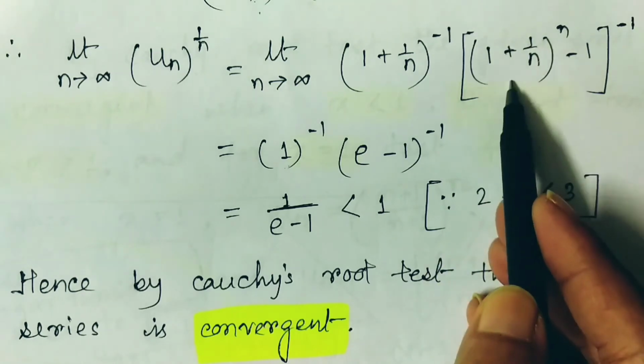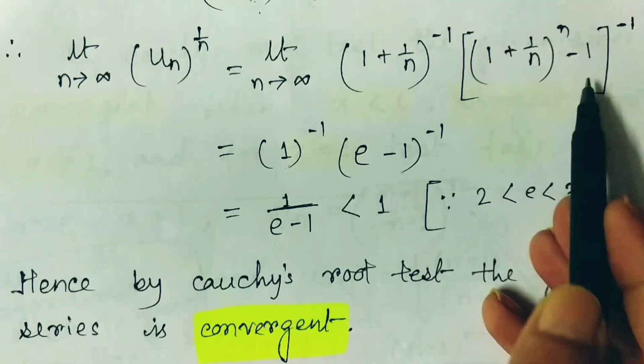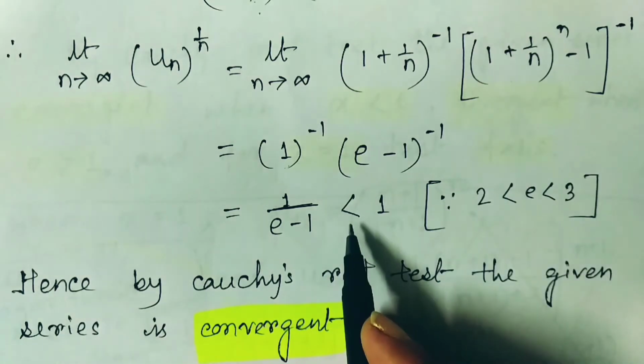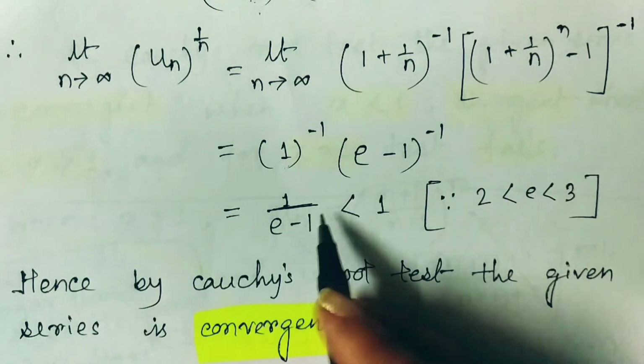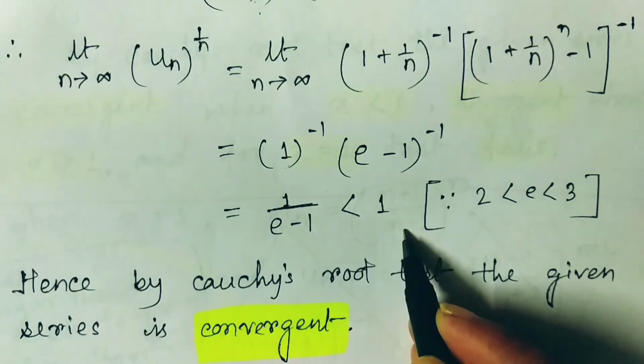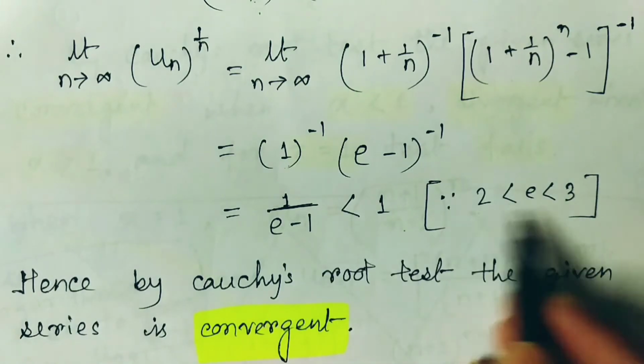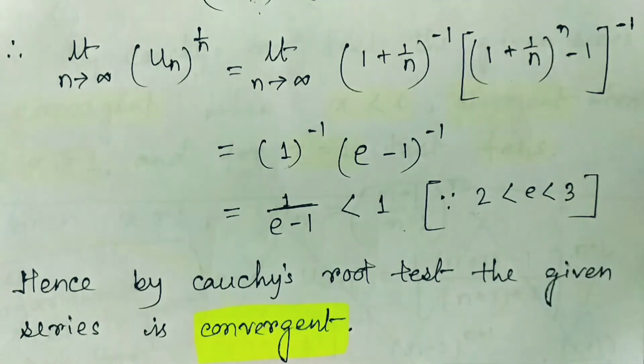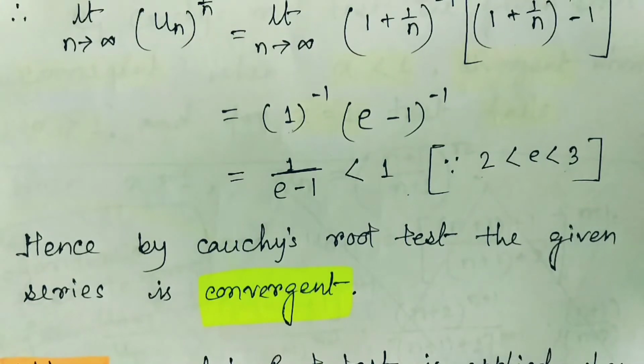For this one the limiting value is e, then minus of 1. So after simplification it is 1 by e minus 1, which is definitely less than 1 as the e value lies in between 2 and 3. So from the Cauchy's root test we can say the series is convergent.